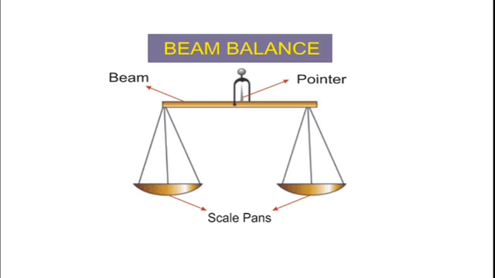Now the pointer starts moving either to the left or to the right. When the pointer becomes stationary, in an exactly vertical position, then we can say the masses on both the pans are balanced and we can measure the mass of the object.